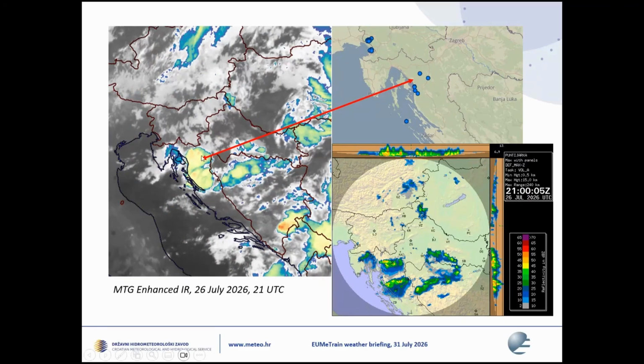The color of the clouds indicates the temperature of the cloud tops, and the more red color we have, that means the cloud is more developed vertically. And also in Croatia some heavy rainfall was reported in this part of Croatia, which is connected with this system.